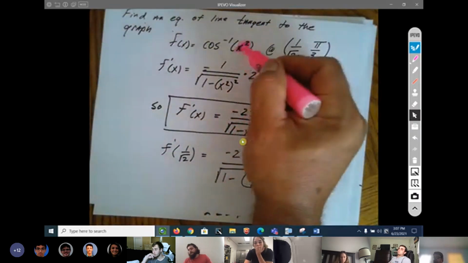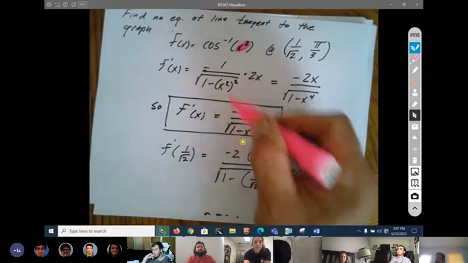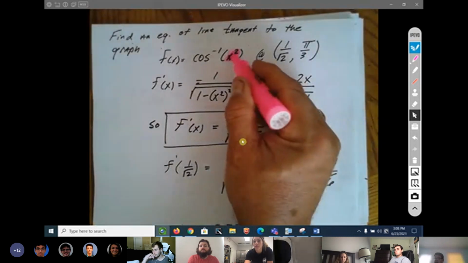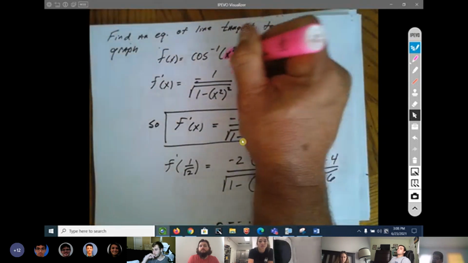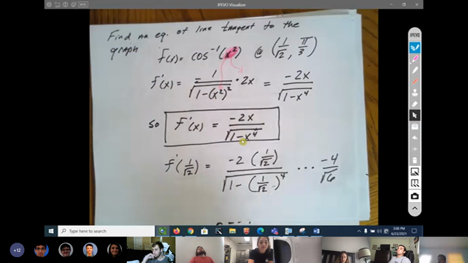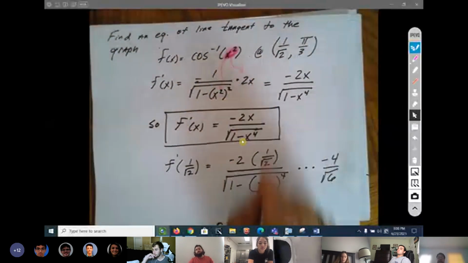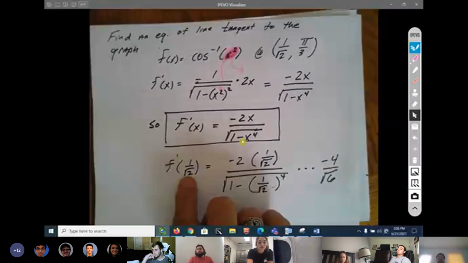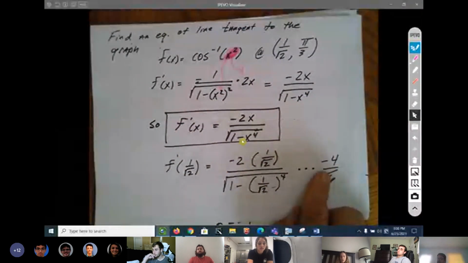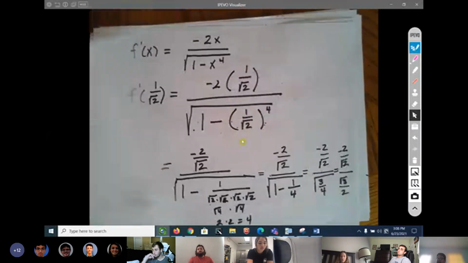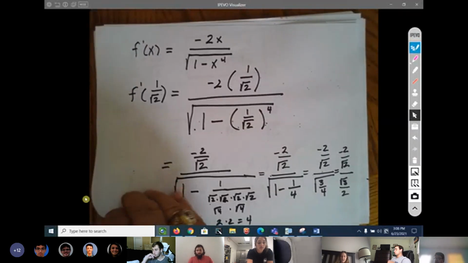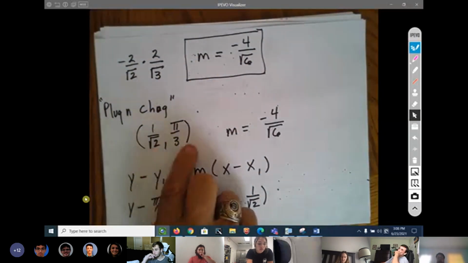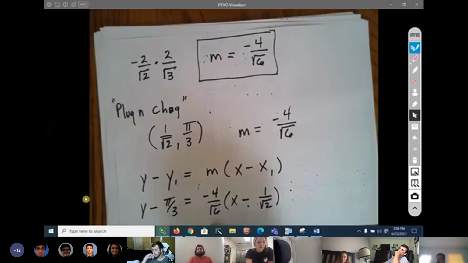So if this was x to the 3rd, then this would be x to the 6th, and this would be 3x. Whatever this is right here, it's going to go there. And that's the derivative. And then you plugged in the x and got a slope. Take that slope, with that point, plug and chug.